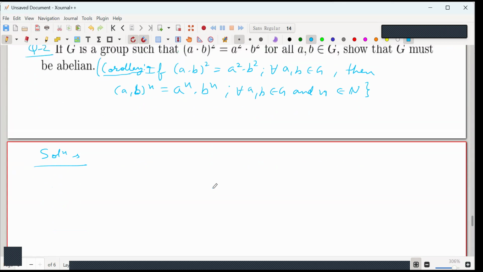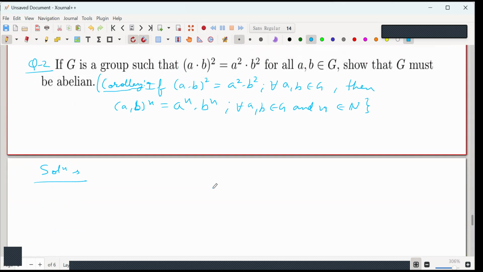Then I have (AB) squared to be A squared B squared and (BA) squared to be B squared A squared. The easier thing will be to do it directly, without contradiction.